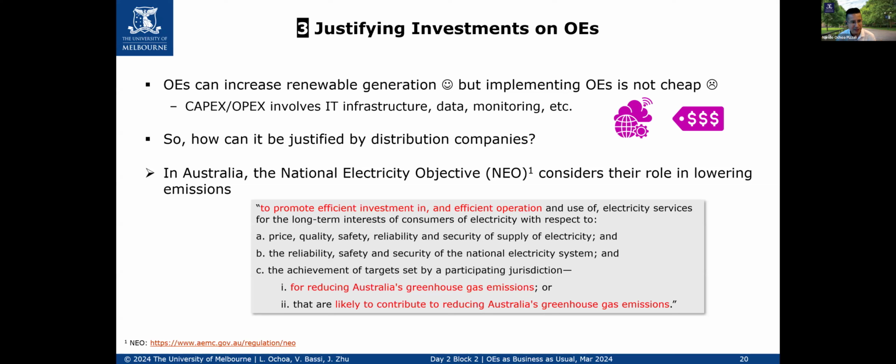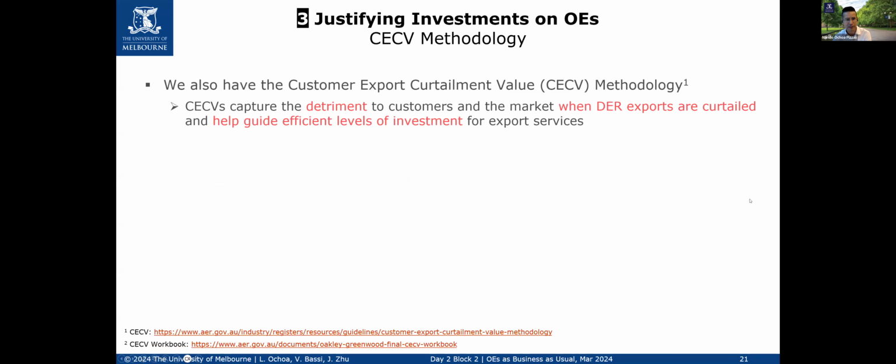Now, but that is not necessarily saying, okay, how do we justify the dollars, right? So this is the first thing that I wanted to mention, just because there's a framework that is allowing distribution companies in particular to actually consider their role in reducing carbon emissions, right? But when it comes to dollars, well, there's a method, okay?